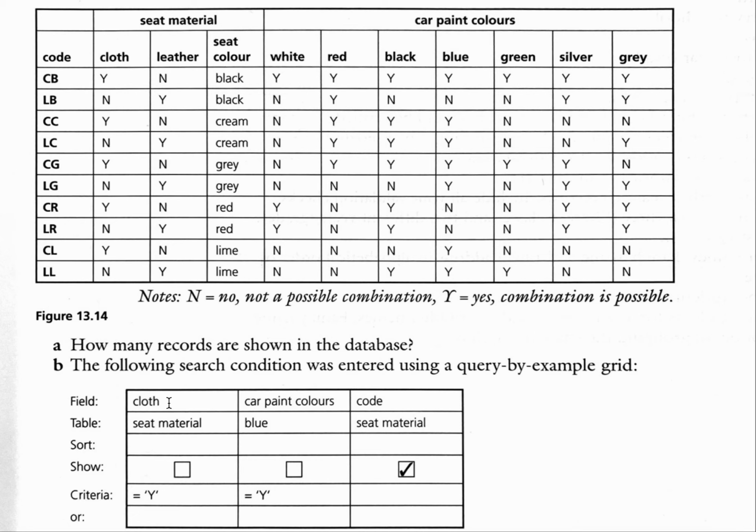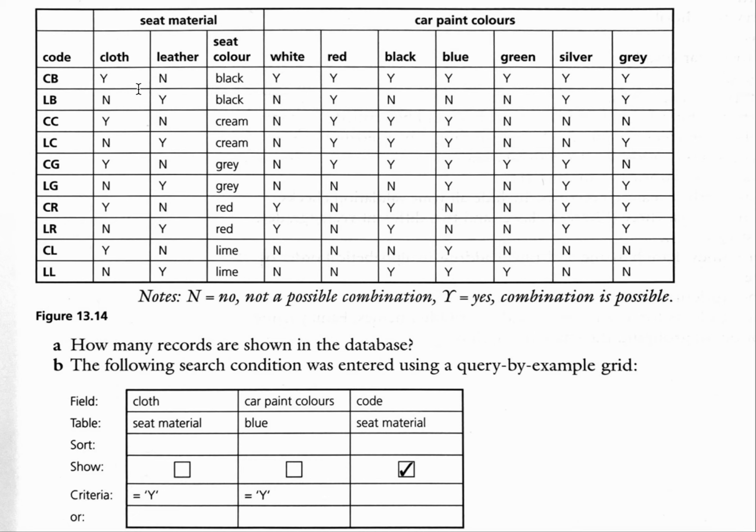So we have cloth, seat material, and the person wanted, yes, cloth. For the car paint colors, they wanted blue. Yes, they wanted blue. And then they wanted the actual code for this car option. So it says here, show. Please show me all results for cloth and paint colors of blue.